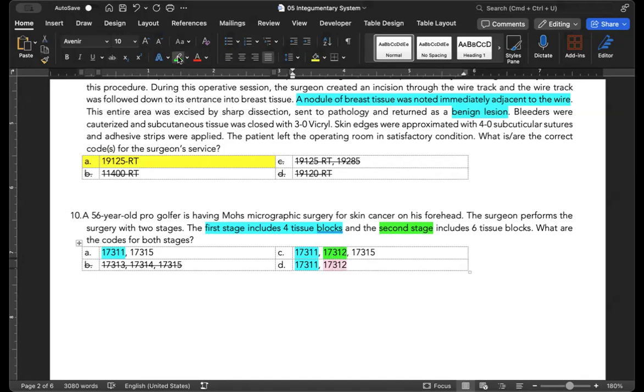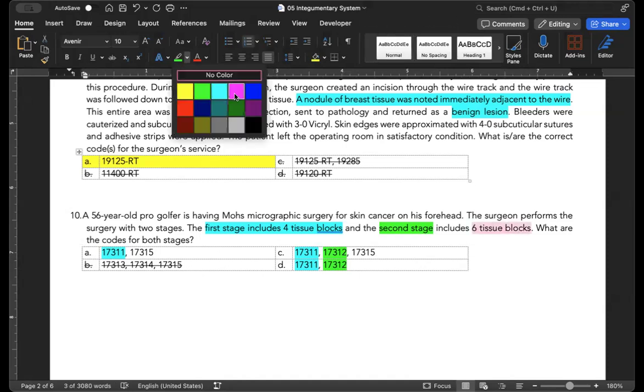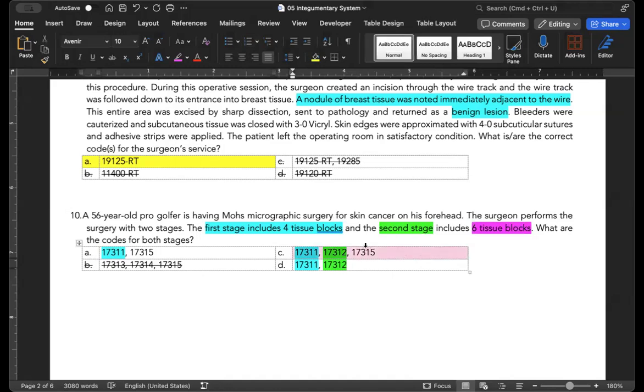So let's go look at that 17315. Our 17315 is going to be our Mohs micrographic technique. And then I'm going to skip all of the includings. And it's each additional block after the first 5 tissue blocks for any stage. So because we have 6 tissue blocks in the second stage, we need to report 1 unit for that additional tissue block with the 17315.